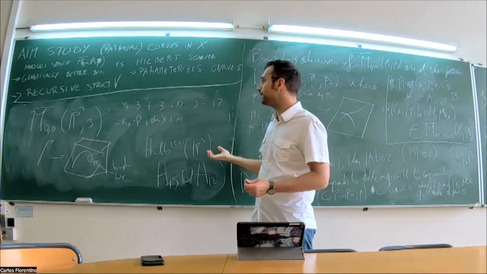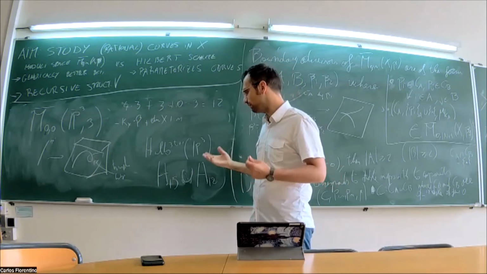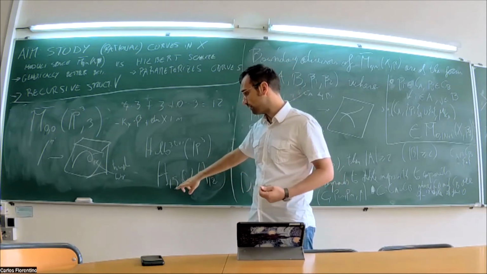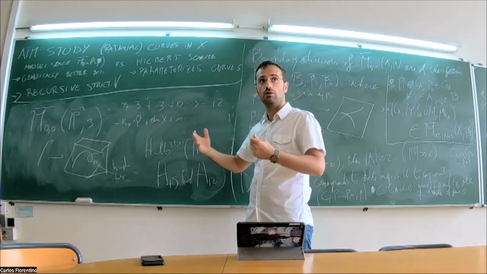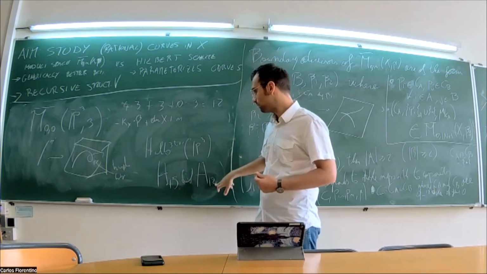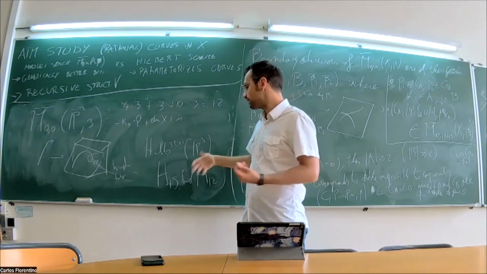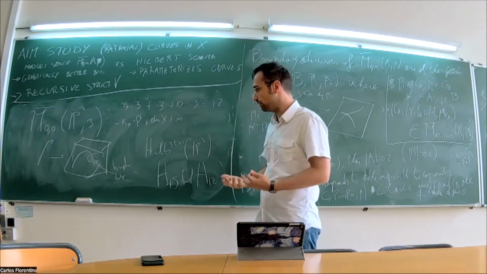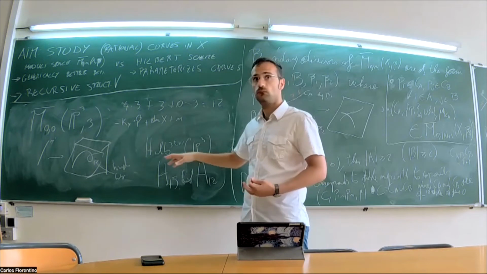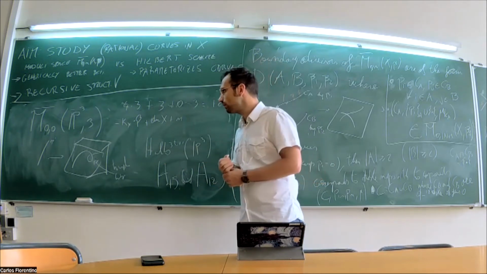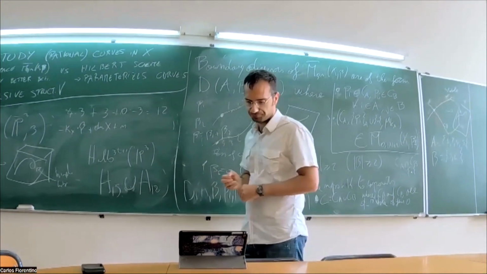So in this case, the Hilbert scheme behaves quite badly. We have a component of very large dimension, and it's not irreducible. Okay.